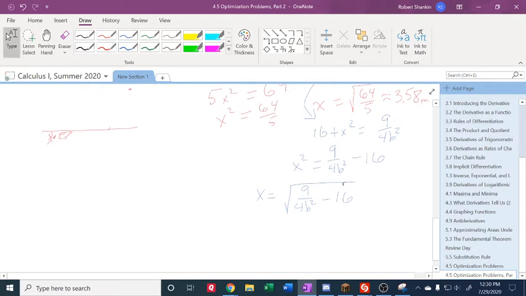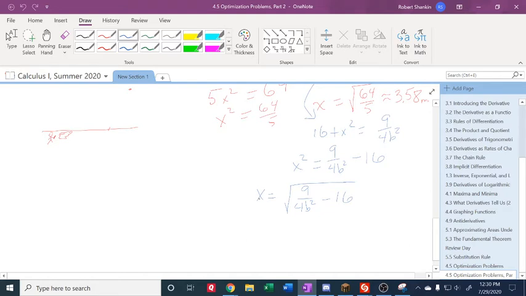But as long as this thing is positive, we're going to get a real answer. And then x should be a positive number. You should move to the right somewhere. But we want the x to be 0.